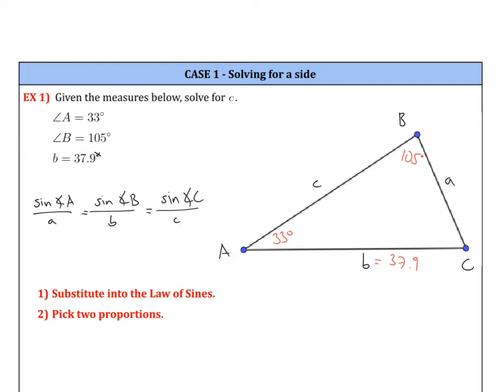Once we've labeled the triangle and the parts, and written the equation down, we can now substitute into the law of sines. That's step 1. So let's do exactly that.